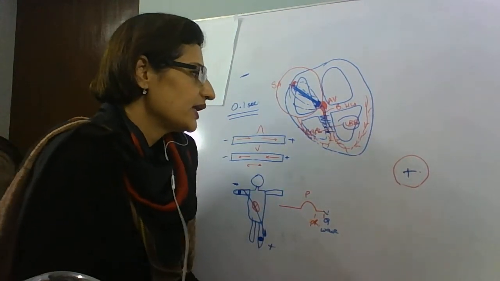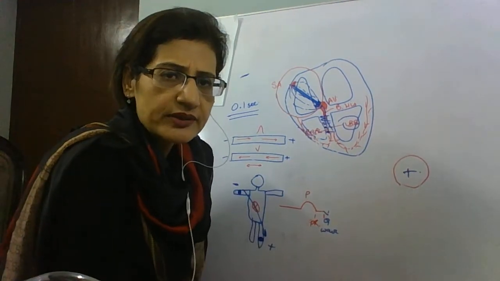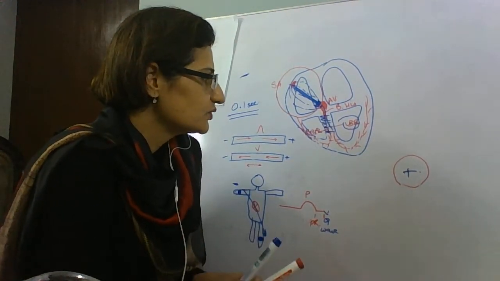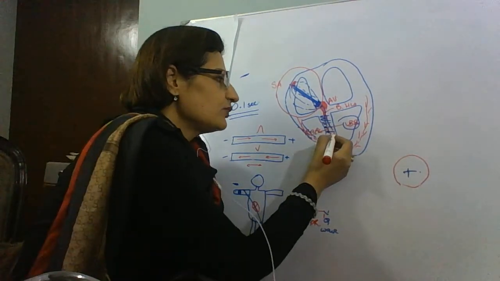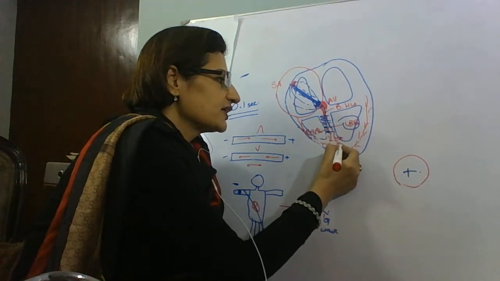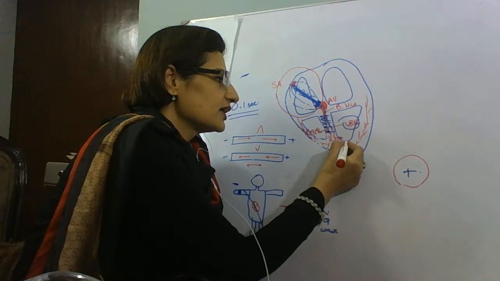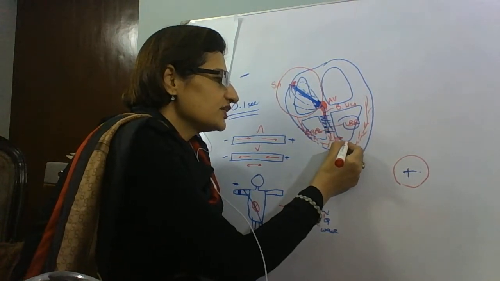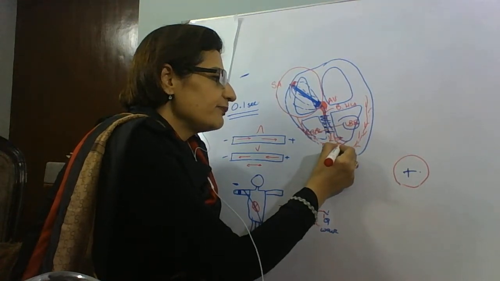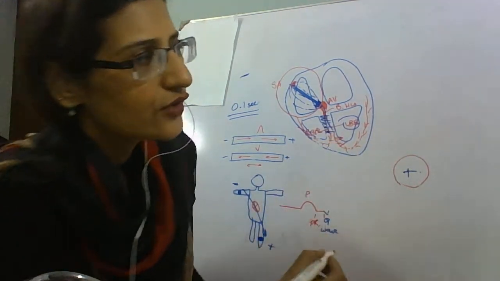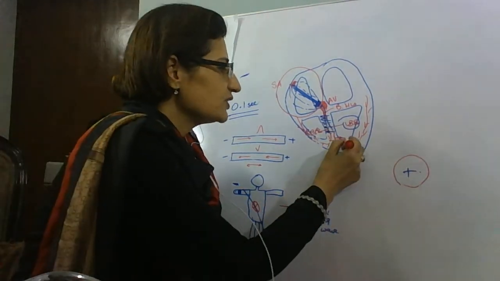So they are fast conducting fibers, right? So what they would do is cause a net impulse in such a way that the impulse passes from the positive to the negative side.